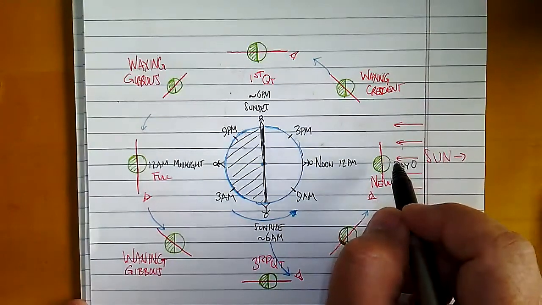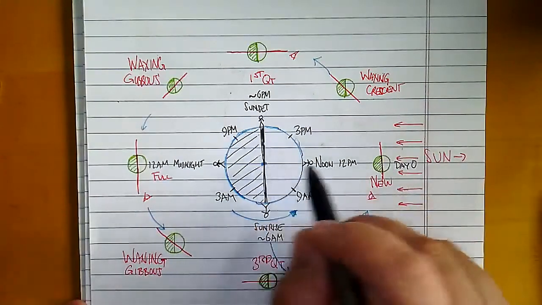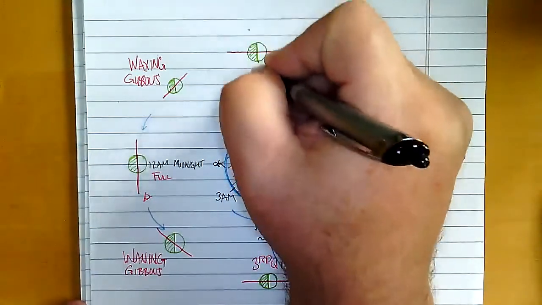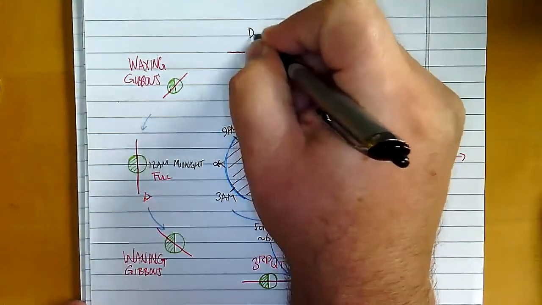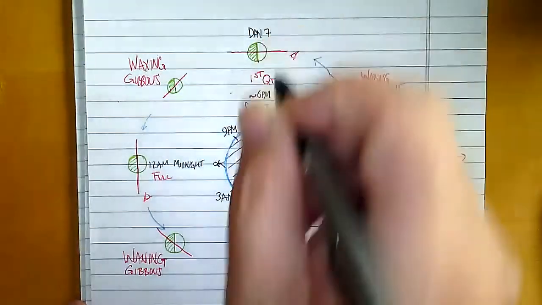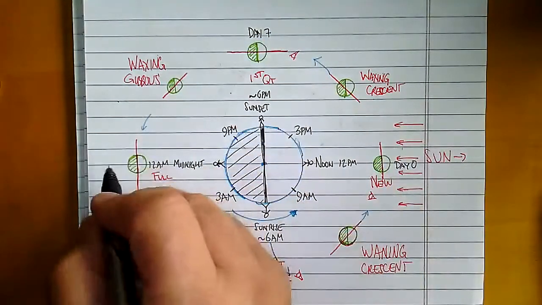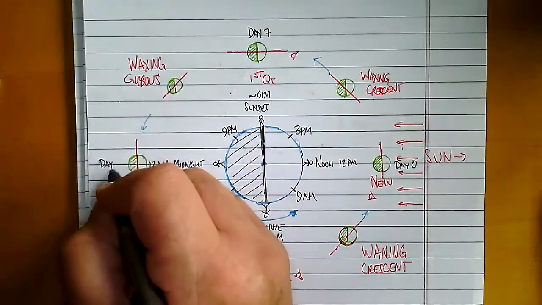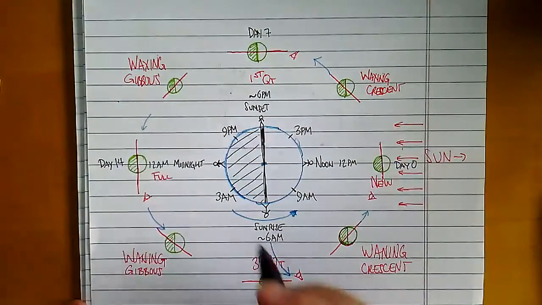And because I chose 28 days, you can see that a quarter of 28 is 7 days. So this should be day 7. I'll put it right here. And 2 quarters of 28 days is day 14, and 3/4 is day 21.